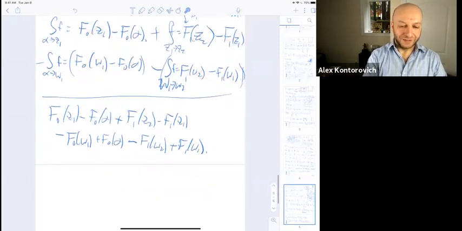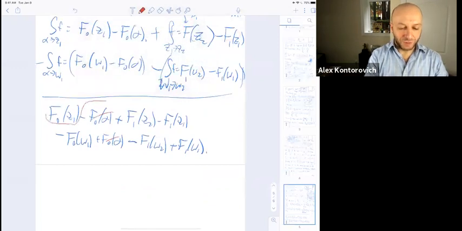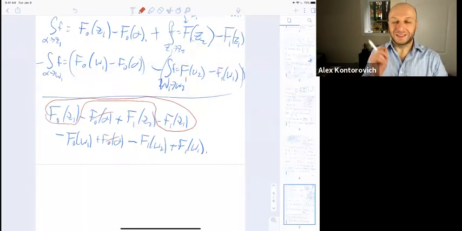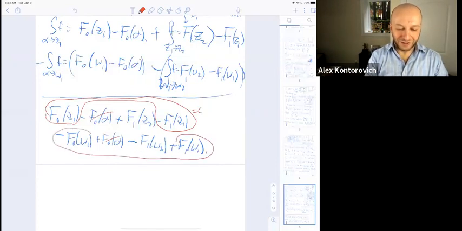And look at what's happened. First of all, these two cancel. And now let's group it like this: F0 at z1 minus F1 of z1. That's a constant, which is the constant by which the primitive changes from disk 0 to disk 1. And then I have minus F0 of w1 plus F1 of w1.